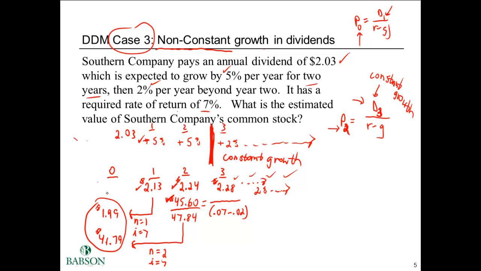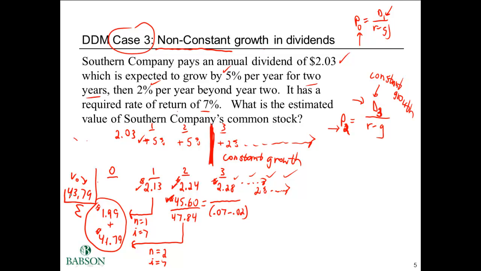So the punchline, folks, is that if you found the value in today's dollars of all the cash flows that Southern Company is expected to throw off going forward, then you would assign a value to that today of the sum of $1.99 plus $41.79, which gets us to $43.79 total.